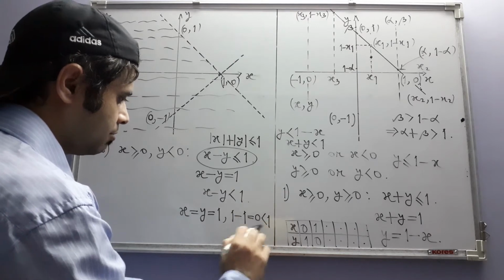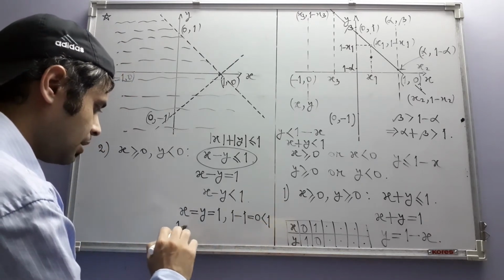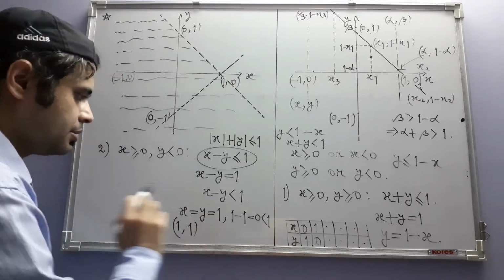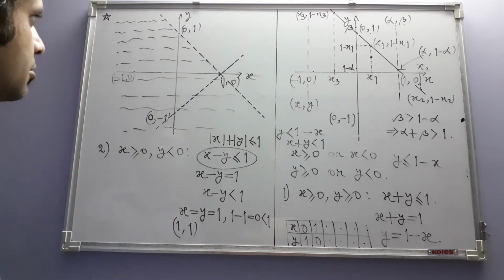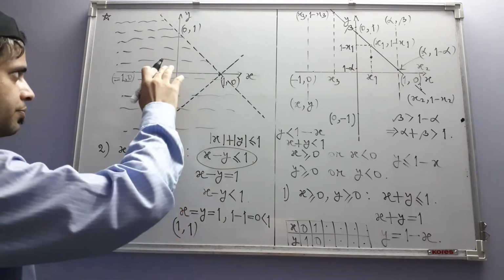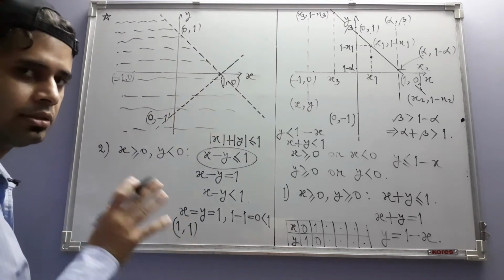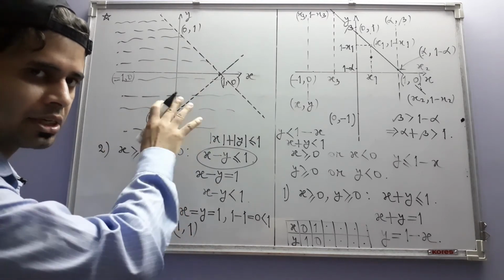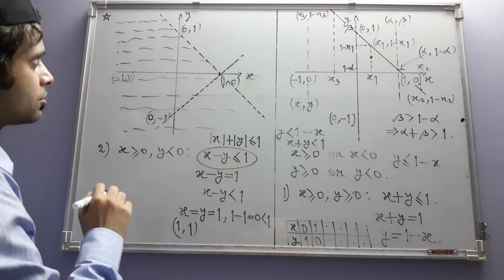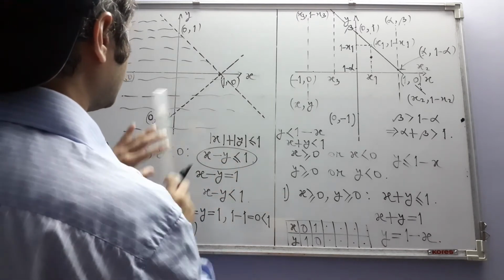This is less than 1. That means the point 1 comma 1 satisfies this inequality. So the side on which this point lies will be a part of this region. So 1 comma 1, that point is here.